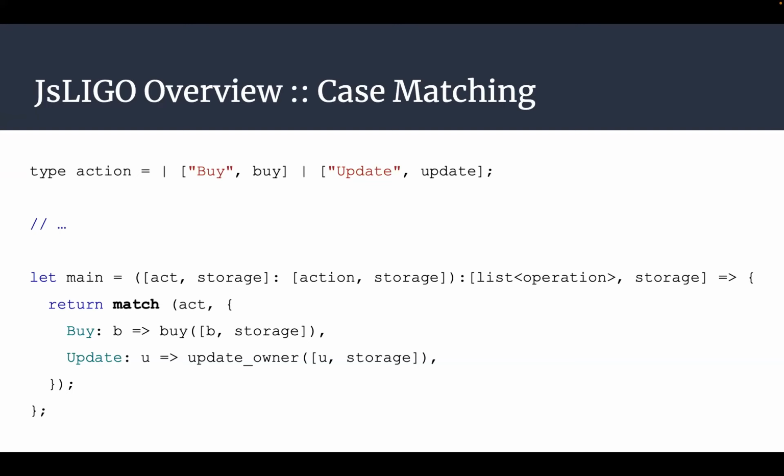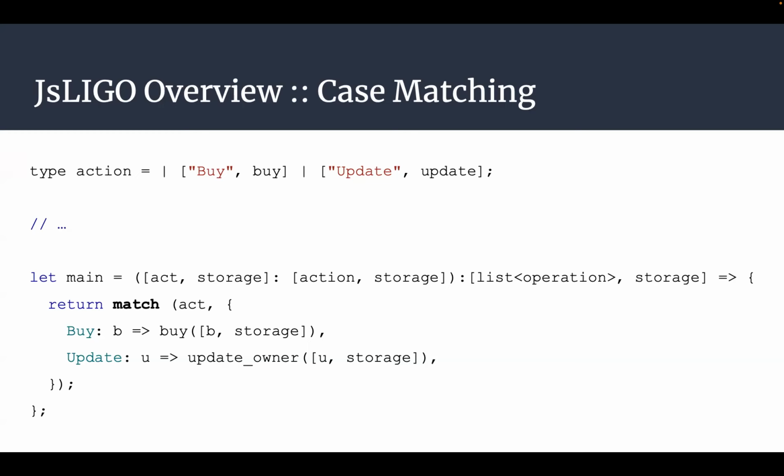So here we have two entries, buy and update, and you should remember that the match should be exhaustive. You cannot omit, for example, the update one.